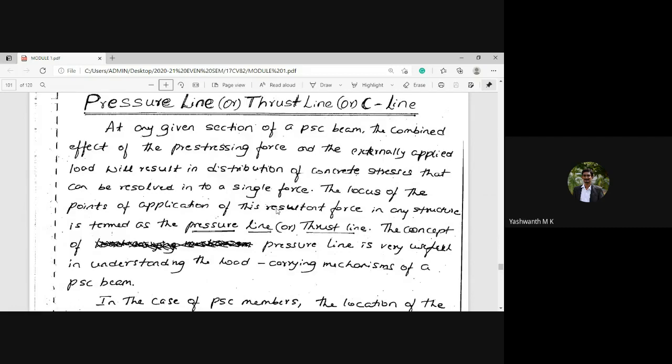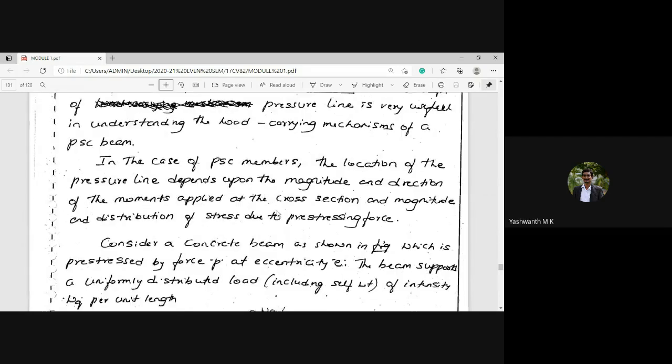Next we will learn how to locate all those things in detail. In the case of a PSC member, the location of the pressure line depends upon the magnitude and direction of the moment applied at the cross section, and the magnitude and distribution of stress due to the pre-stressing force.